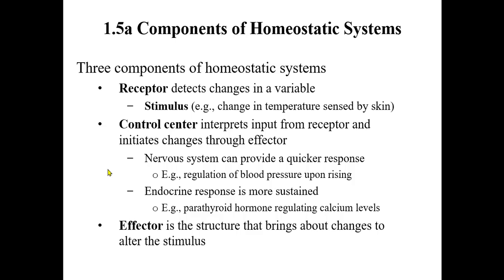The only way our body responds to the environment, both outside and inside, is either electrically, which is the nervous system, or chemically, which is the hormones or endocrine system. And that is a big theme in A&P 2. Anything that happens in the body will be responded to either electrically or chemically.